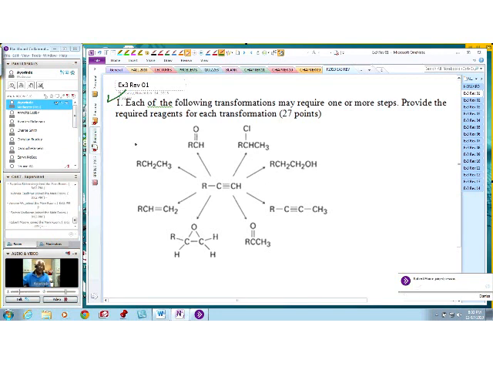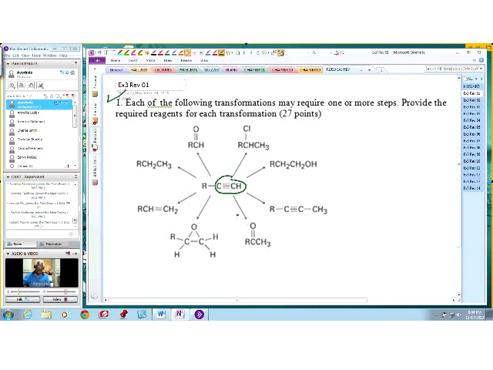Now the question is, each of the following transformations may require one or more steps. Provide the required reagents for each transformation. Now, in this set of questions, our focus is on this carbon-carbon triple bond. What they want you to do is to transform this carbon-carbon triple bond to each of these classes of compounds.